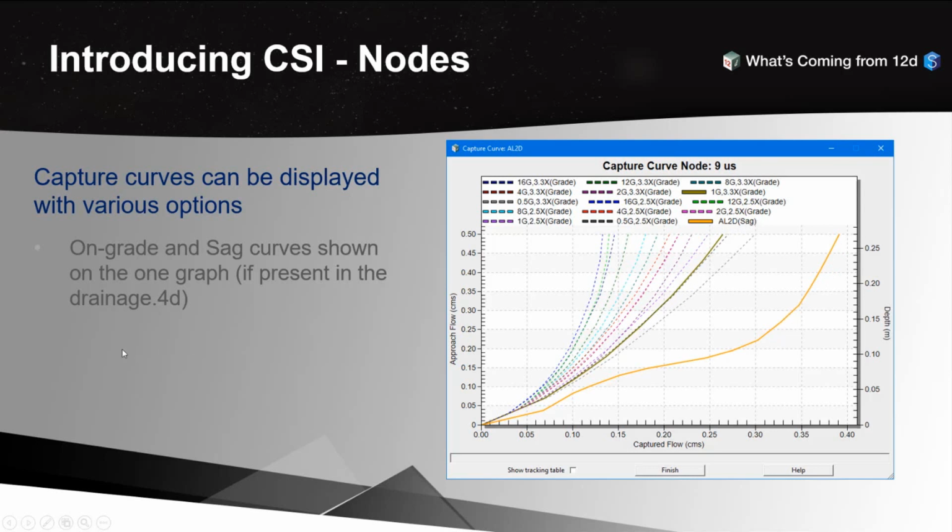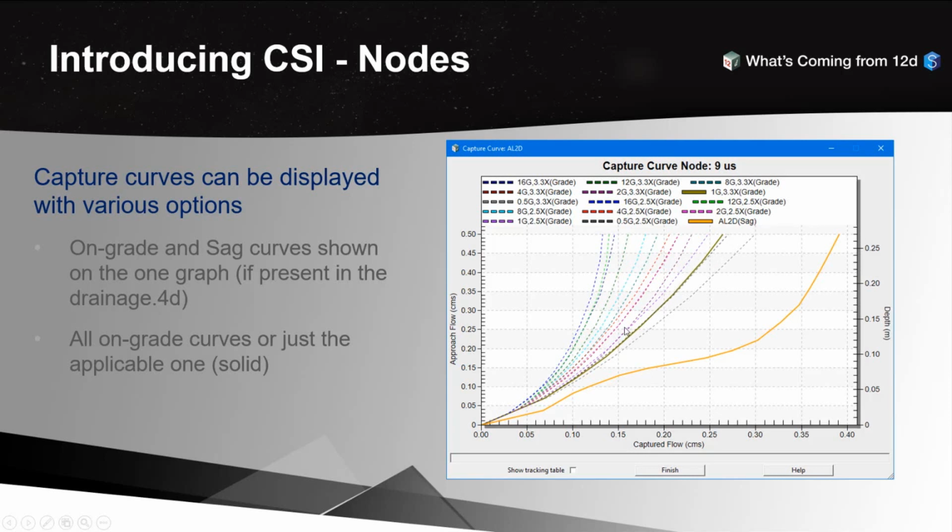Now these ones here, you can see there's dashed lines and solid lines on there. You've got a choice to show all of the on-grade curves or just the applicable one. Now in this case, the applicable one is the solid one, right? So that's the one that matches the road grade and crossfall in question for this node. All of these other ones are the ones that are defined but don't apply in this situation.